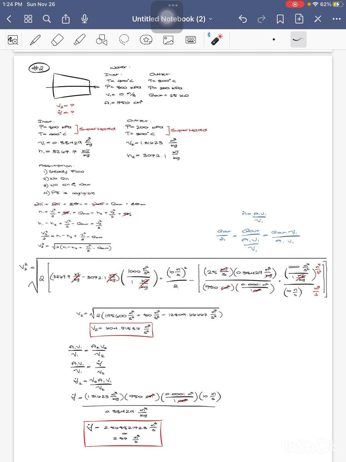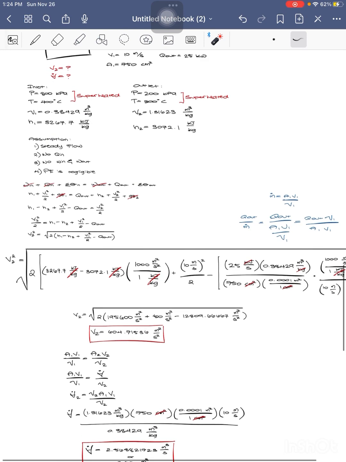It is the reciprocal of when we get the kJ over kg of meters squared over seconds squared. And for velocity, I also input the values, and for the Q out here, I use this equation.